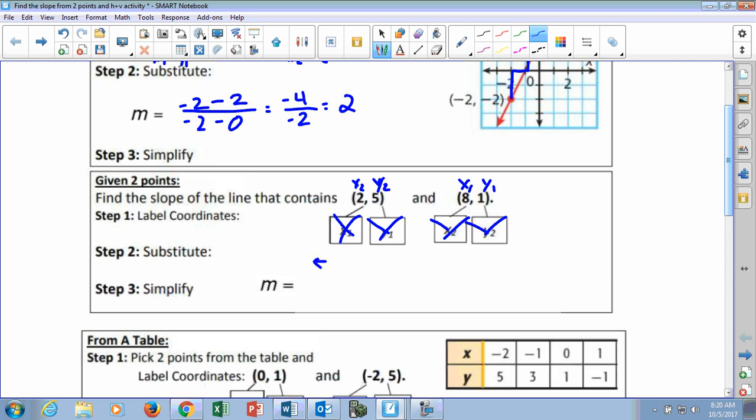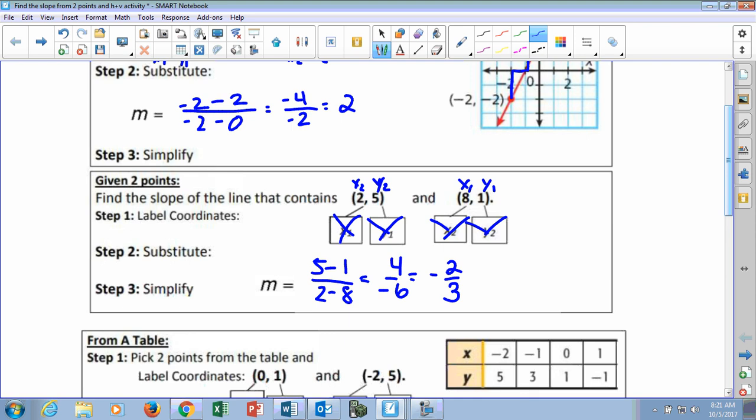So we're 5 minus 1 over, and now my x2 is 2 minus 8, right? So 5 minus 1 is 4, and that's negative 6. Well, what's 4/6 reduced to? 2/3, and there's a minus here, so this is negative 2/3, right?